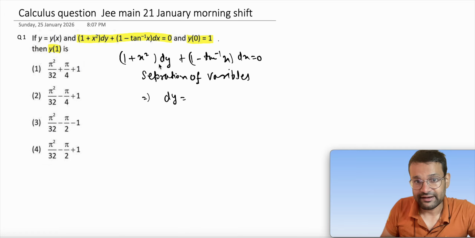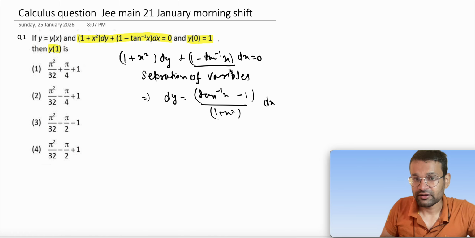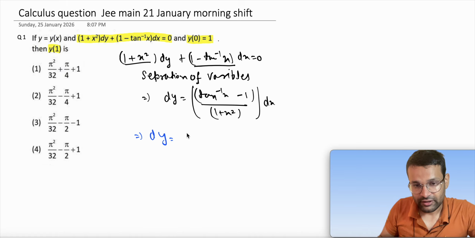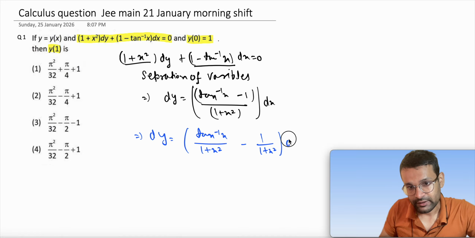So we rewrite the given differential equation: (1 plus x square) dy equal to (tan inverse x minus 1) dx. We take this part to the right side and cross multiply, and then we get dy equal to (tan inverse x minus 1) by (1 plus x square) dx.